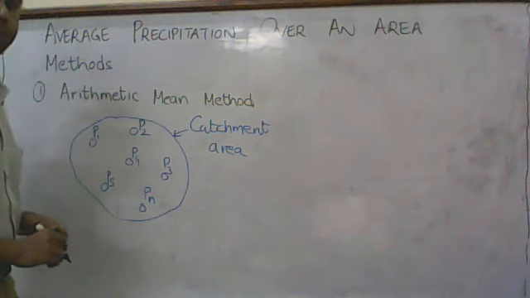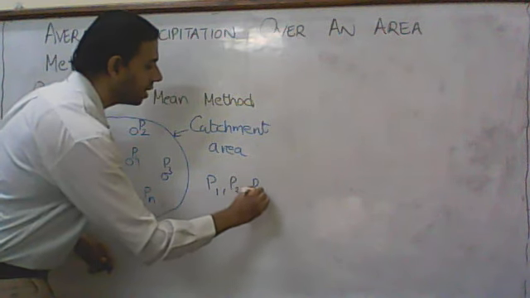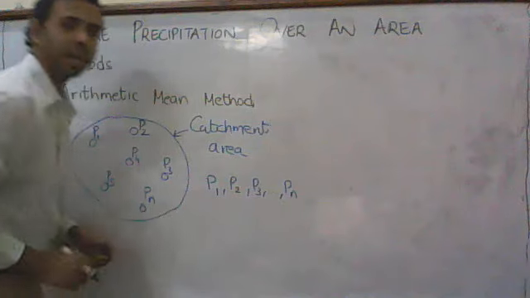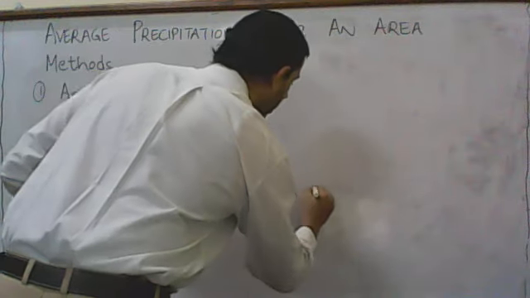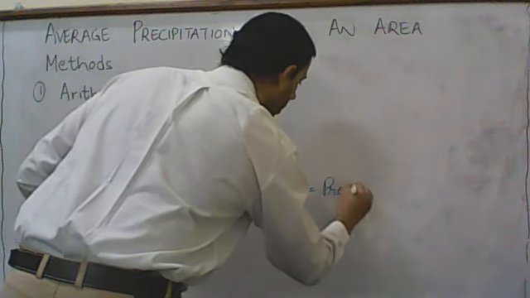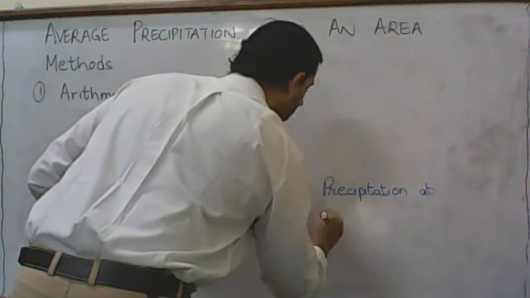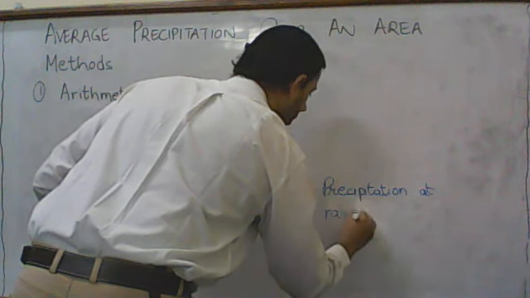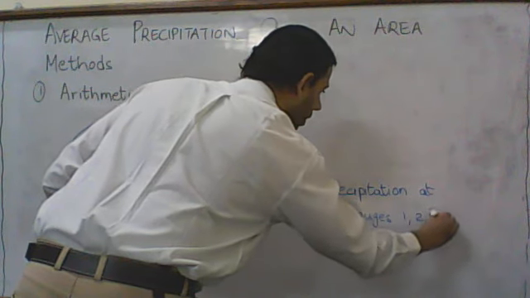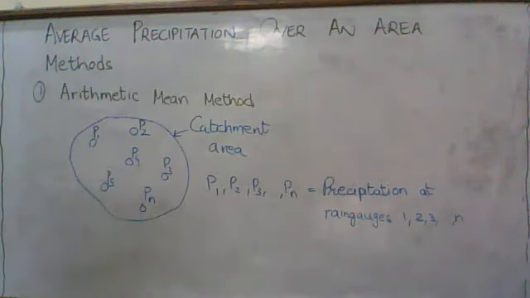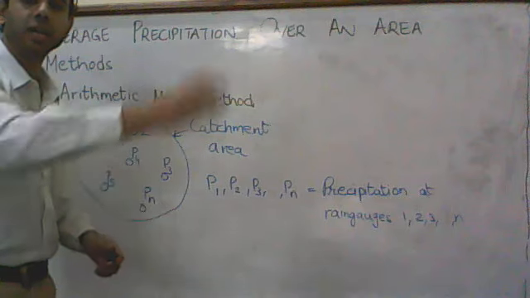So what are P1, P2, P3 till Pn? These are the precipitation at rain gauges 1, 2, 3 till n respectively.